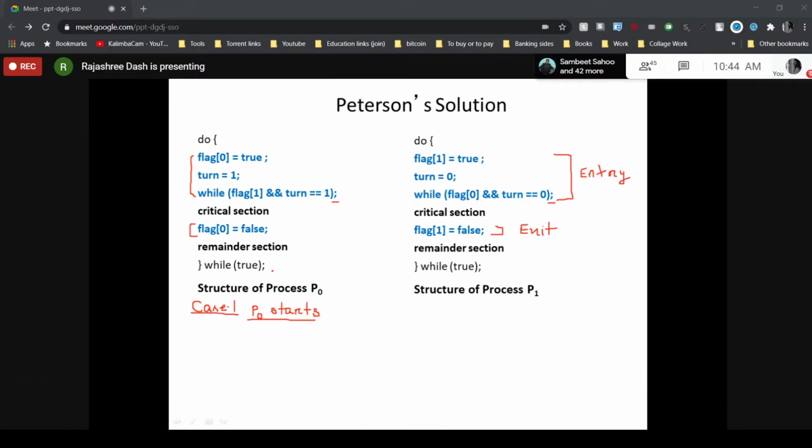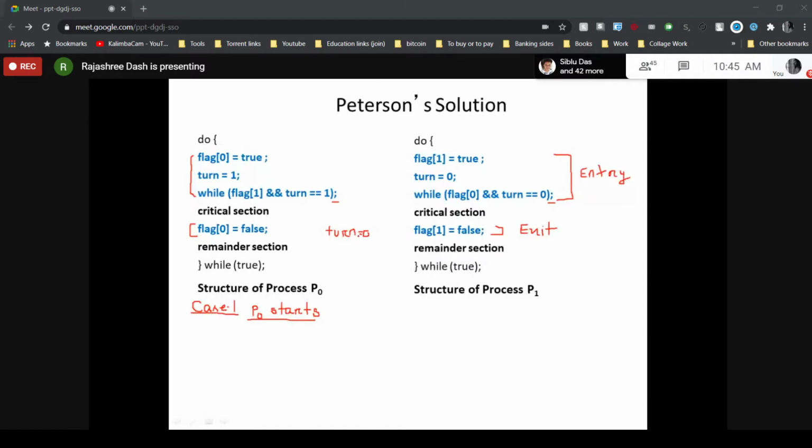They are using the shared data turn and the flag. So initially the value of turn is 0. The shared object turn is initially 0.